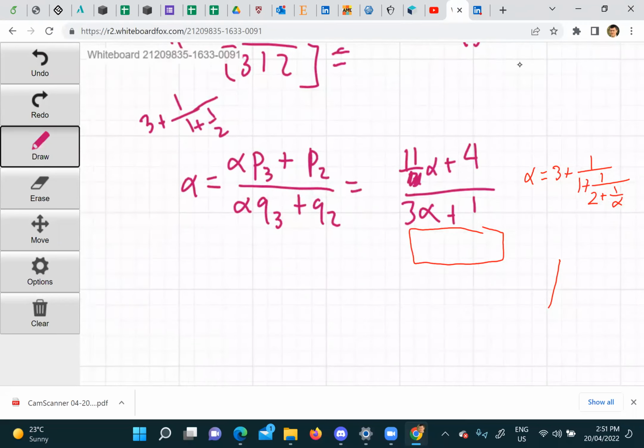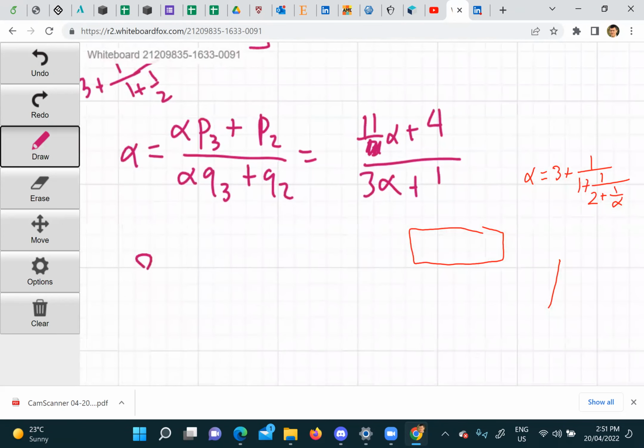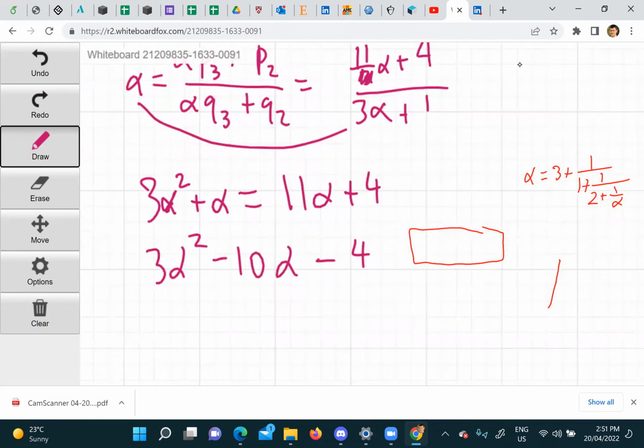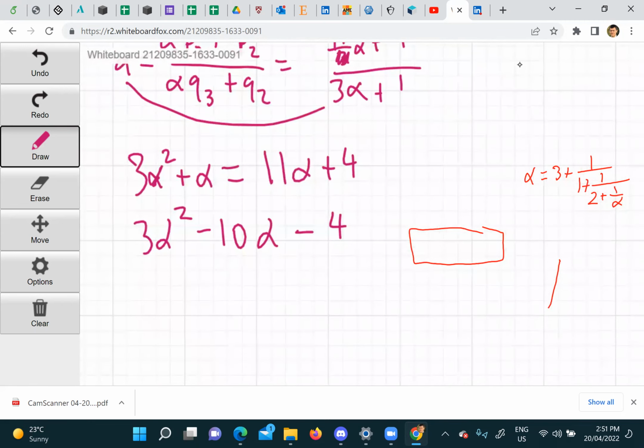And then 3 alpha squared plus alpha equals, just equating these, 11 alpha plus 4. I got 3, 6... let me check. So it's 10 plus or minus root 148. Okay, I guess we'll just do the plus.